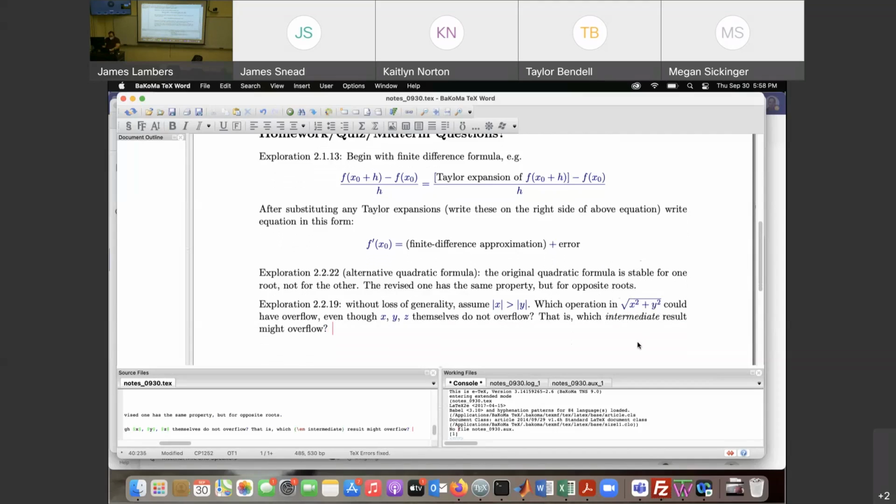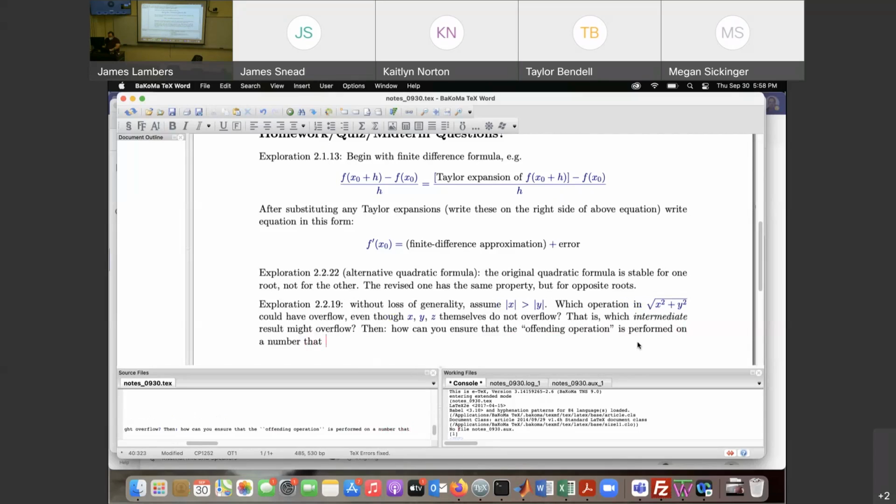Then, once you have a handle on that, the next thing to look into is how can you ensure that the offending operation, so the arithmetic operation that caused overflow, so whatever operation goes bad, you can perform that operation on a different number so that you can be certain it won't overflow.